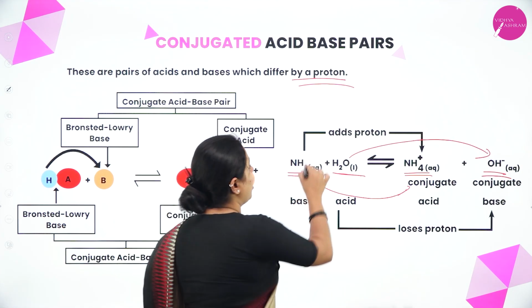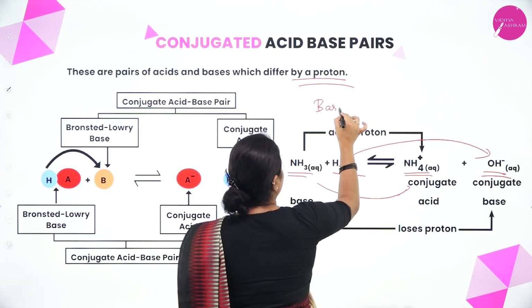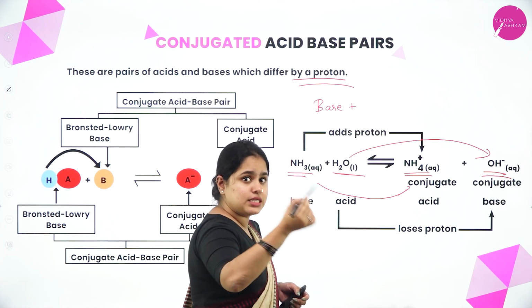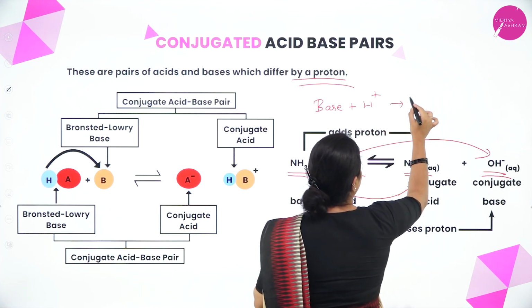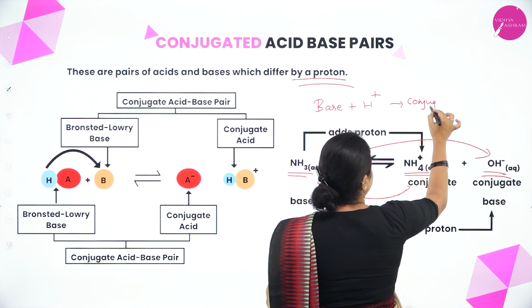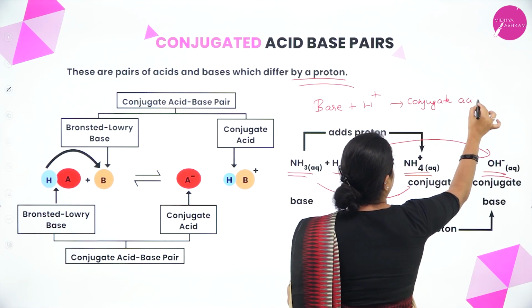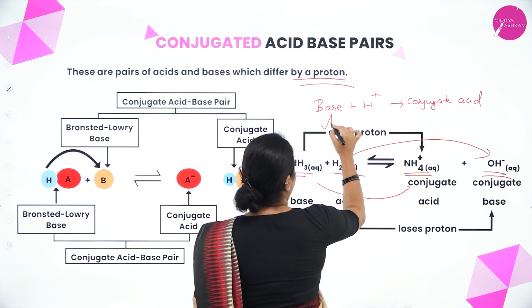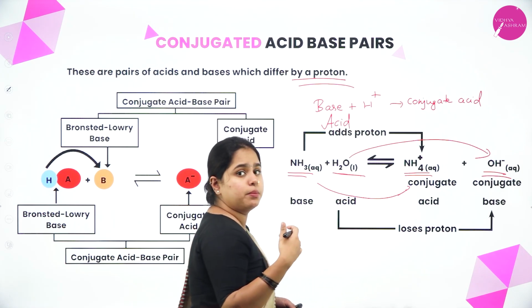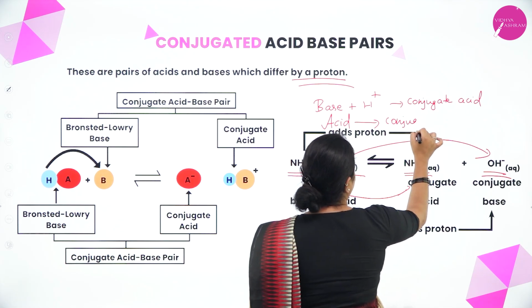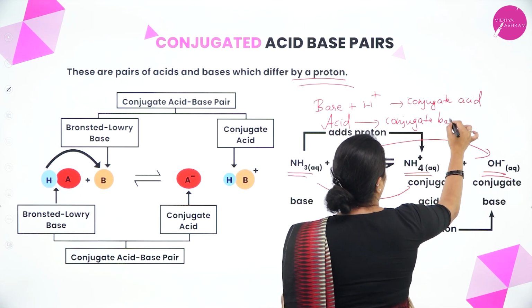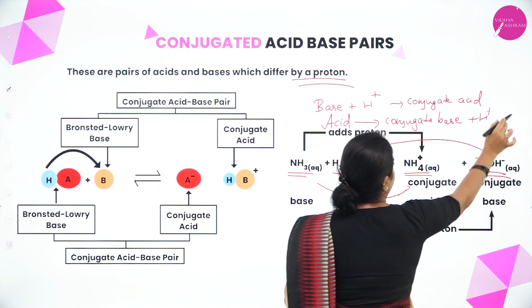So if you have a base, you write the conjugate acid by adding one proton. Now if you have an acid, how can you form the conjugate base? It has to release that H plus ion. The conjugate base will be formed by removing one H plus ion.